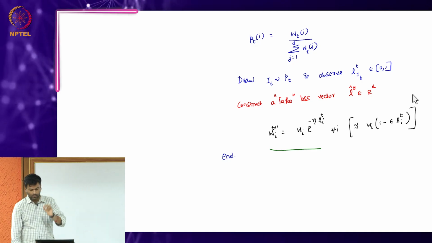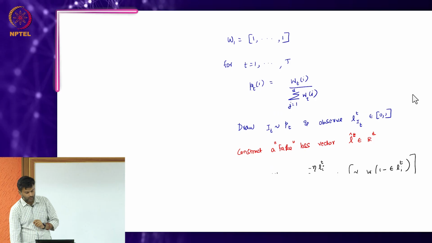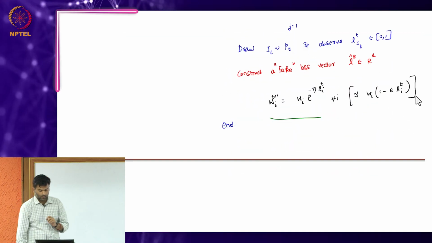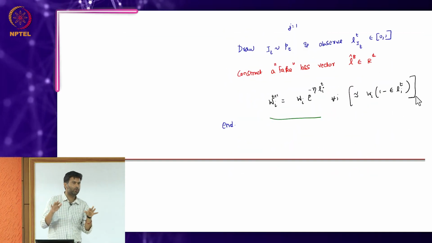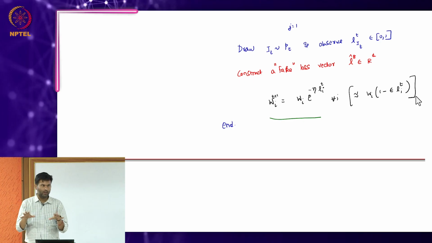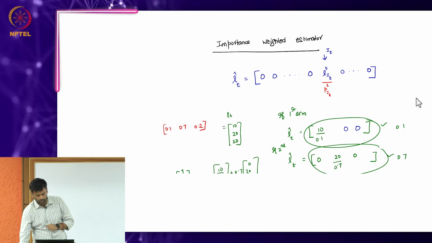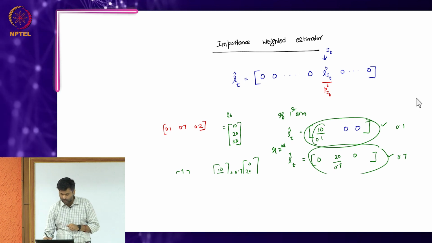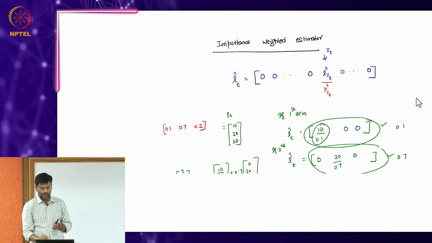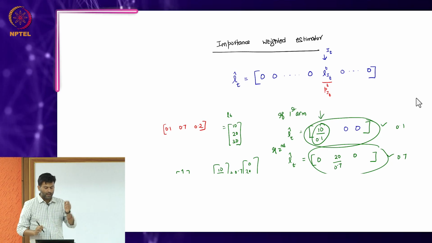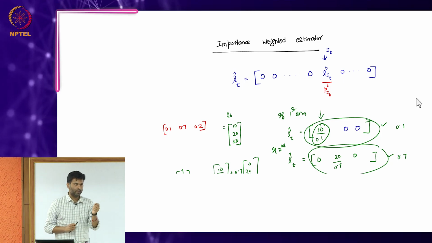Now, I will finish with one comment as to why this actually balances the explore-exploit dilemma well. I picked a particular arm, and the actual loss that I observed, let us say I picked the first arm, is 10.